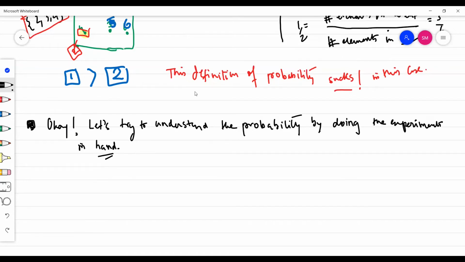So what is the basic idea? They told that if we cannot define it like this, let's define it like this. Let's suppose in this case, let's toss the events.